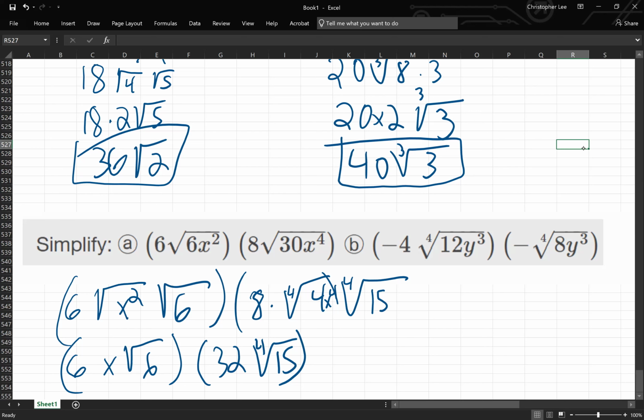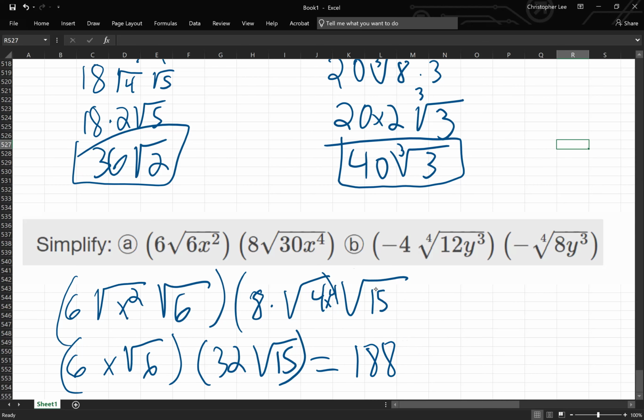Actually, wait, no. Why do I have a 4th root here? It's not supposed to be a 4th root.